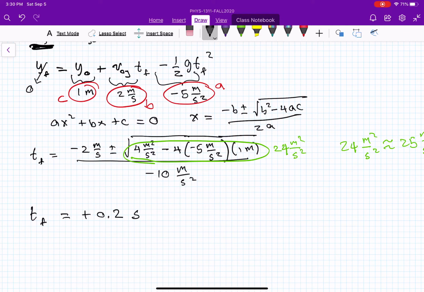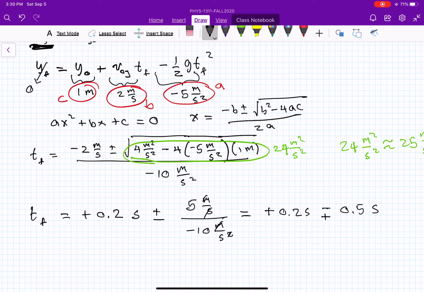And then I've got a plus or minus square root 25, which is 5 meters per second, divided by a minus 10 meters per second squared. So again, these units work out so that I'll have 1 unit of seconds upstairs. So this is plus 0.2 seconds and then minus plus 0.5 seconds.